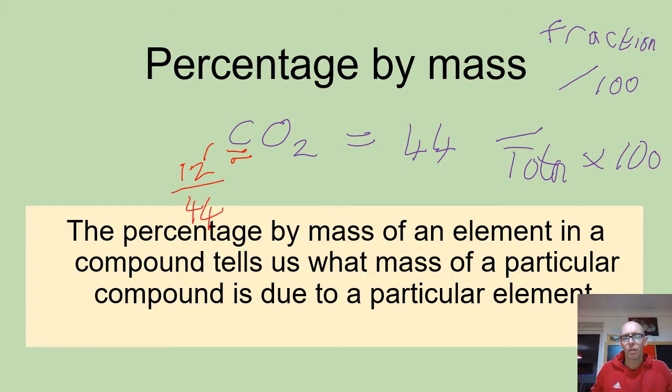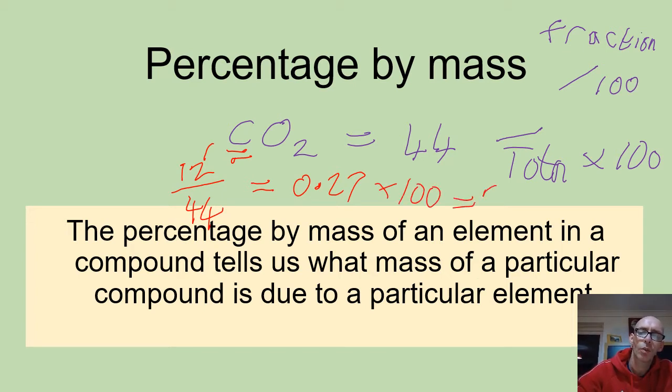So when I do 12 divided by 44, I'll give you a few seconds to do that. What do you get? Hopefully you get 0.27, times that by 100, and I get the answer 27%. And that's what today's lesson is about. How do you work out the percentage of an element in a molecule?